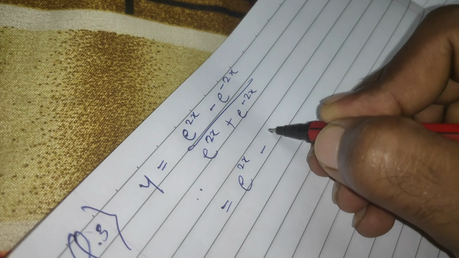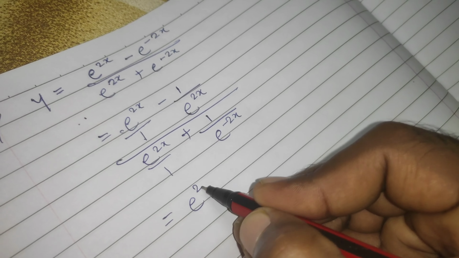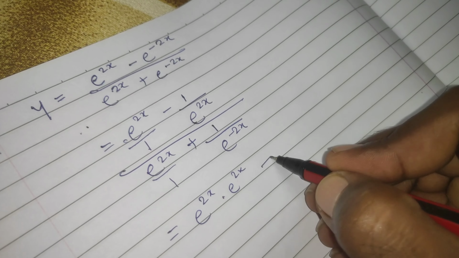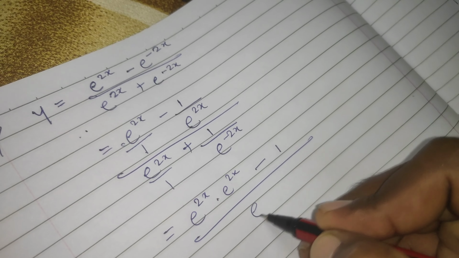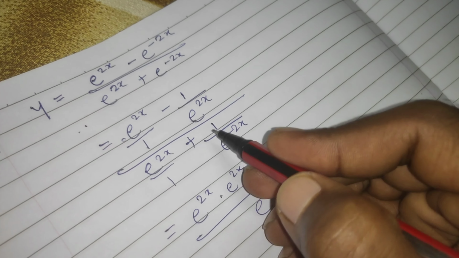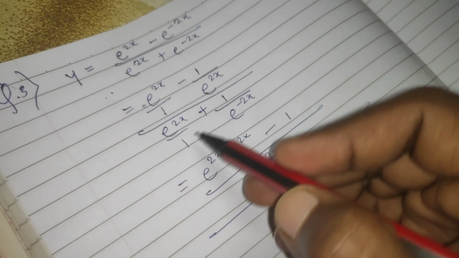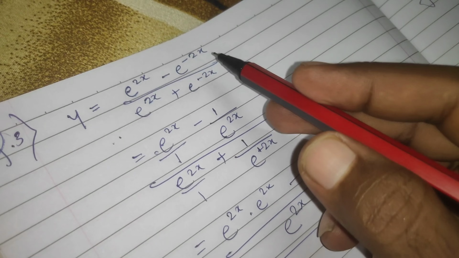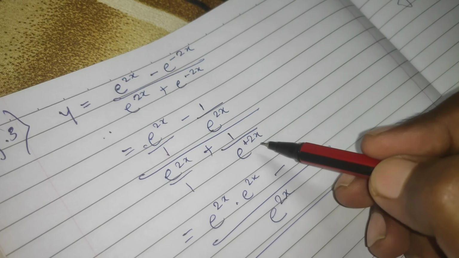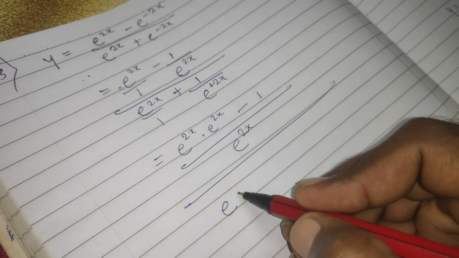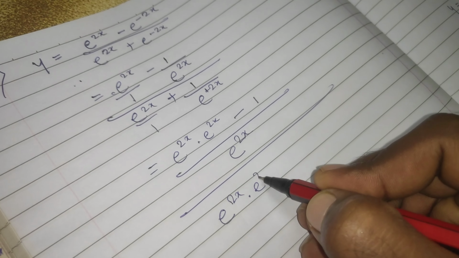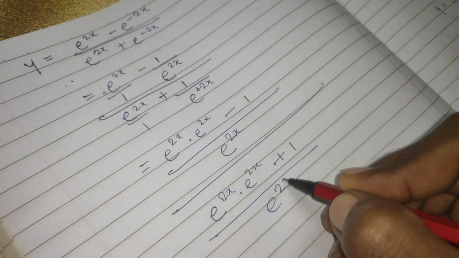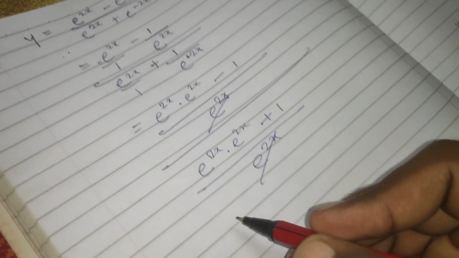That is e raised to 2x into e raised to 2x, minus 1 into 1, upon e raised to power 2x, and divided by e raised to power 2x into e raised to power 2x plus 1 into 1, upon e raised to power 2x. So this cancels out, so we are left with this.